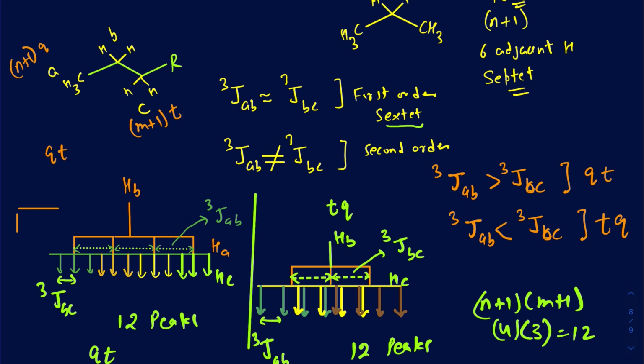So you would call those a clean sextet if the coupling constants were the same. You would call those a multiplet a lot of times because they are being coupled with different types of protons, but the actual name for the multiplet would be either a quartet of triplet or a triplet of quartet.